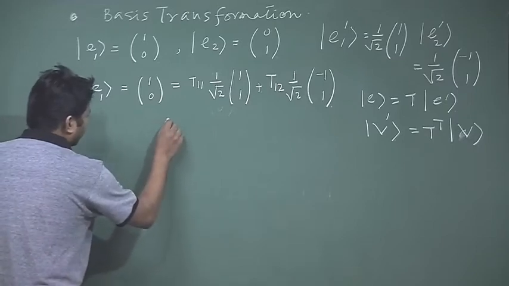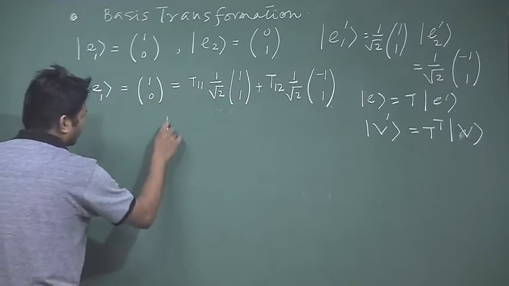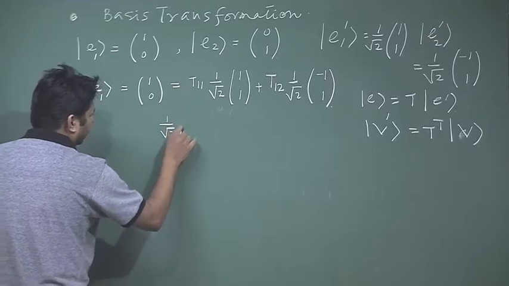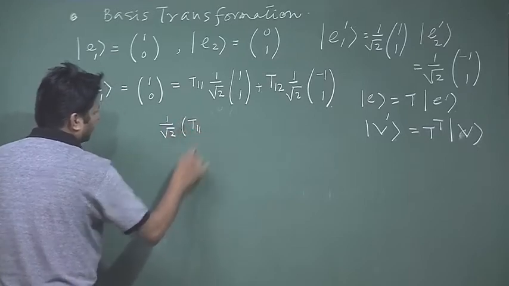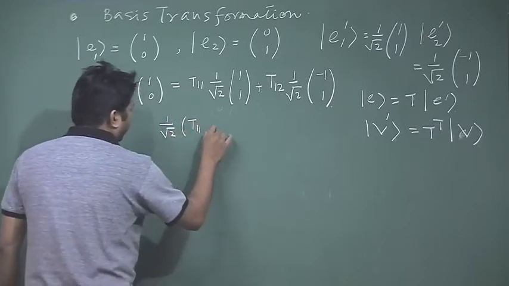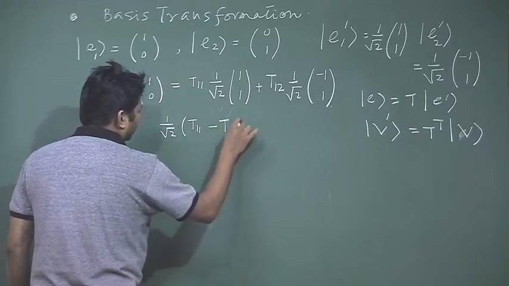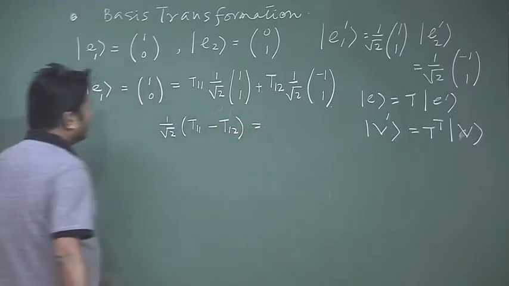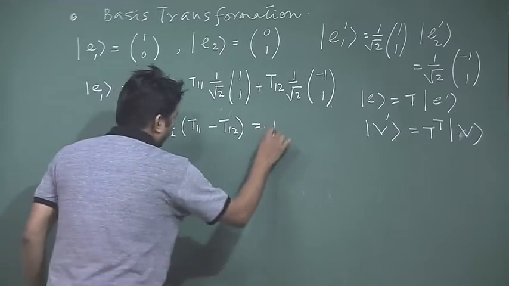So, if I write the equation from here I can have two equations. If I take 1 by root over 2 common, then T11 minus T12 is equal to 1, that is my equation 1.